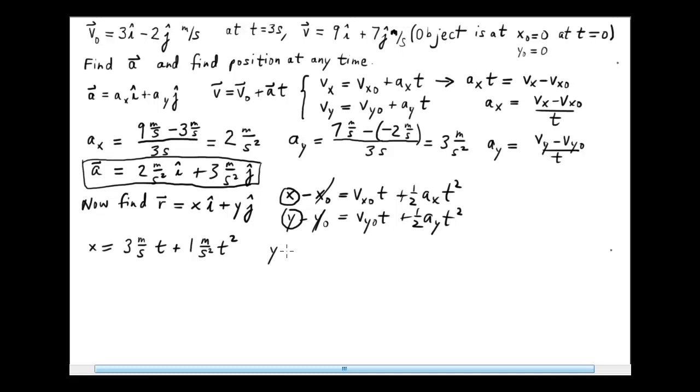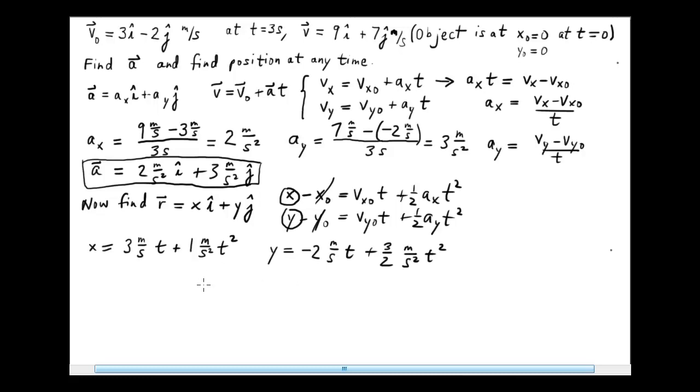All I did was take the first equation and substitute in the values of vx0 and ax. Likewise, for y, I will get vy0 times t. vy0 is negative 2, so I'll get negative 2 meters per second times t, plus a half ay. So a half ay is equal to 3 meters per second squared. Half of that is 3 halves, so 3 halves meters per second squared times t squared.